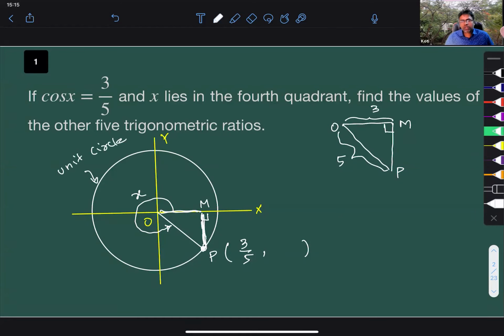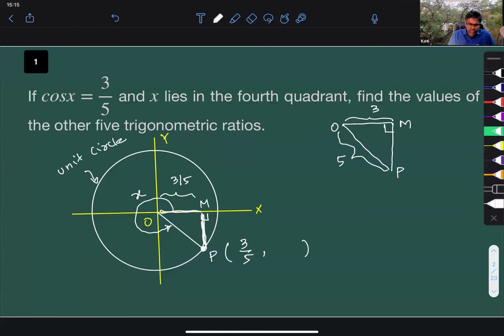If this is a unit circle, what is the value of OM? OM will be 3 by 5. And then what is the value of OP? OP would be 3 by 5 square plus 3 by 5 square.